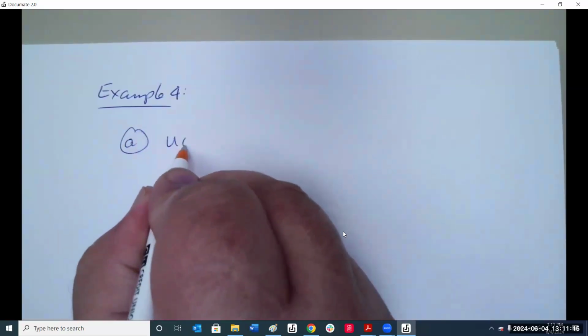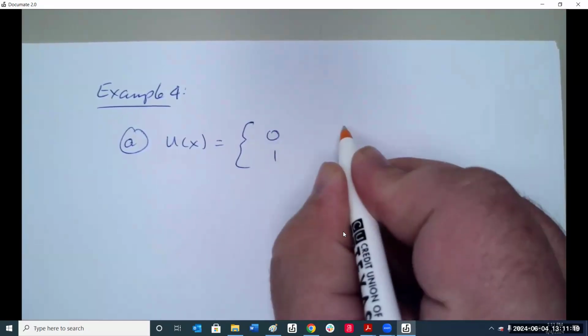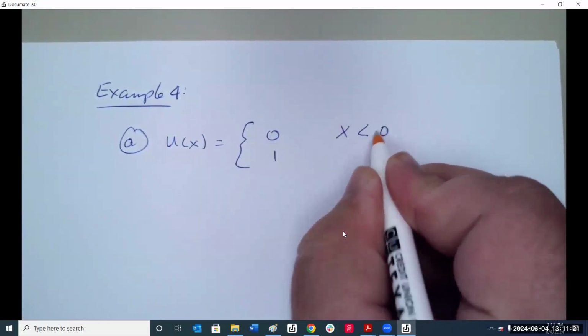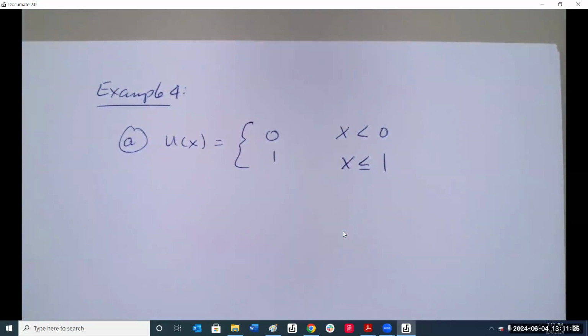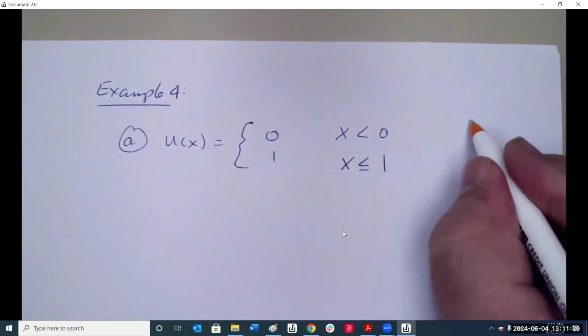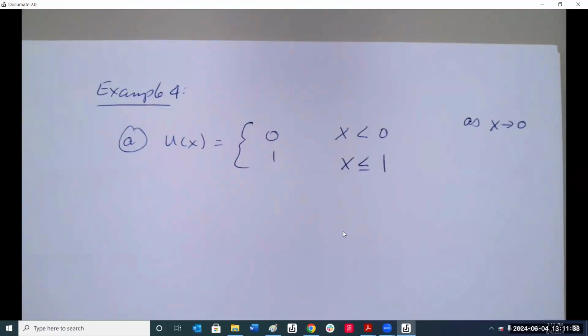Okay. U of x is equal to 0 when x is less than 0, and 1 when x is greater than or equal to 1. As x goes to 0, what happens here?